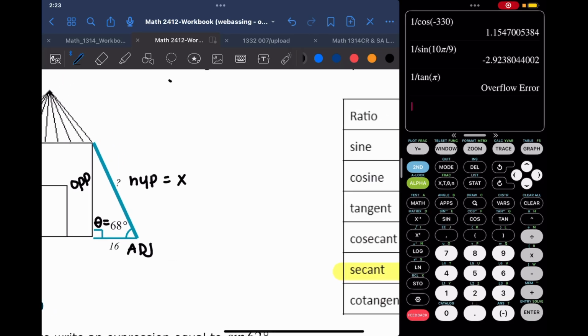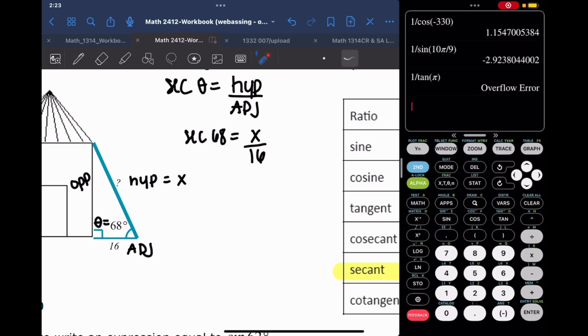So secant theta equals hypotenuse over adjacent. So secant of 68 equals x over 16, and then we cross multiply. So 16 times secant 68 degrees equals x.